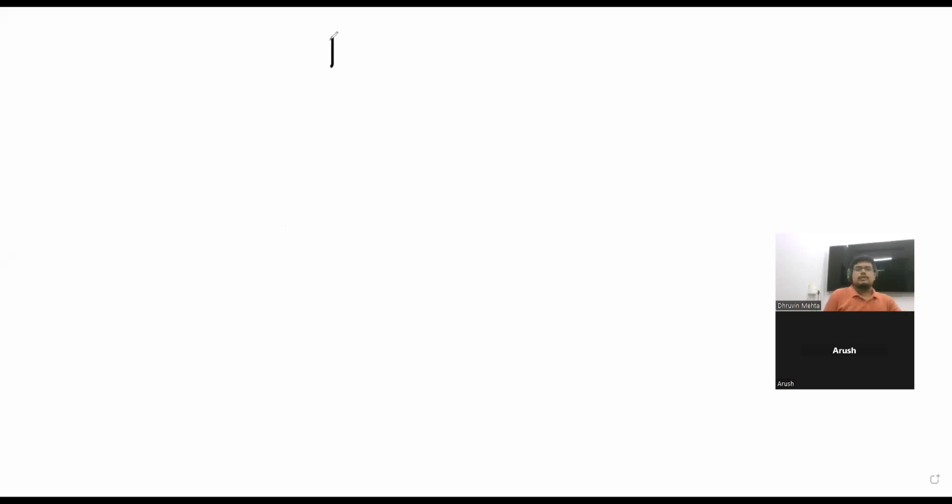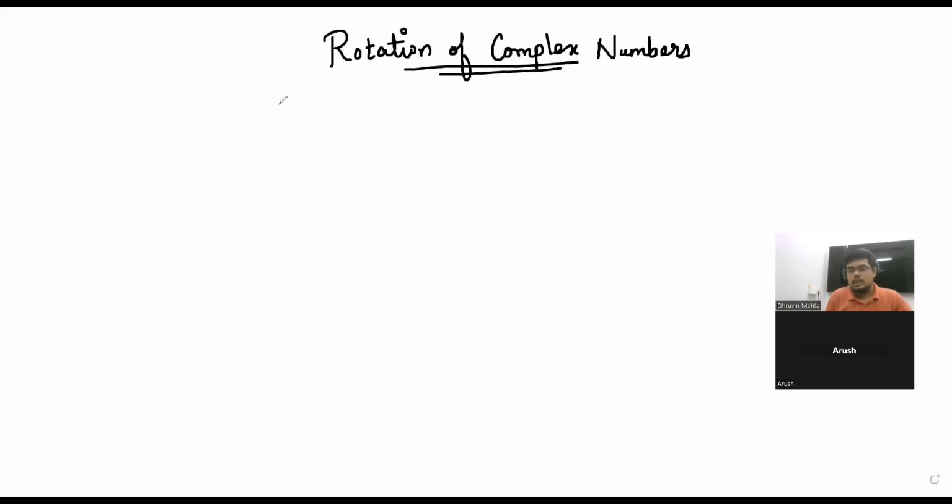So Arush, let us understand this concept of rotation of complex numbers. See, to understand this concept, we'll have to use the Euler's form. Euler's form is going to help us to understand the rotation of complex numbers.